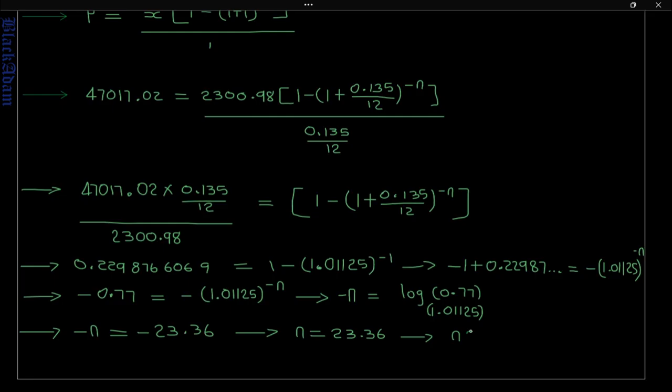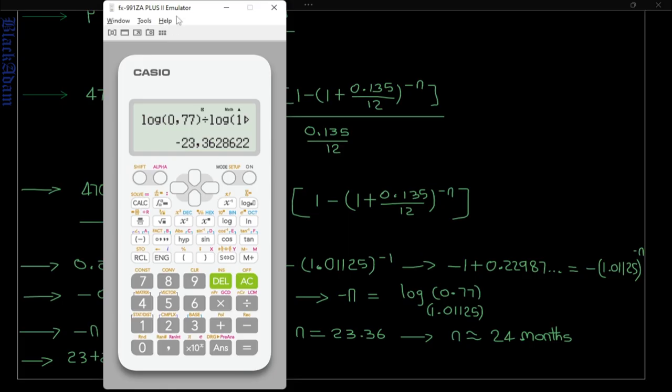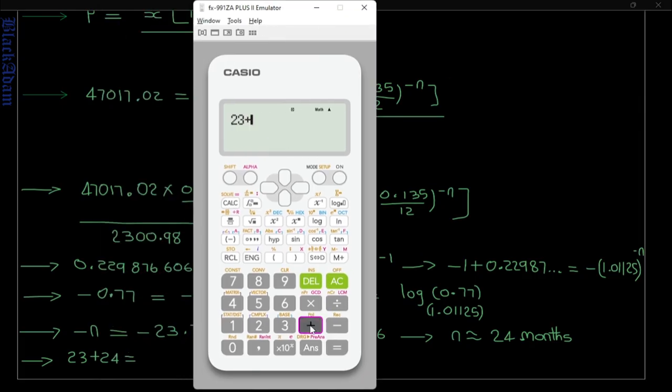So n is equivalent to 24 months, because if it jumps 1 month, then it follows on the next month, so it's 24 months. So we have 23 months plus 24, I mean not earlier, it's 23 months plus 24 will give us 47.